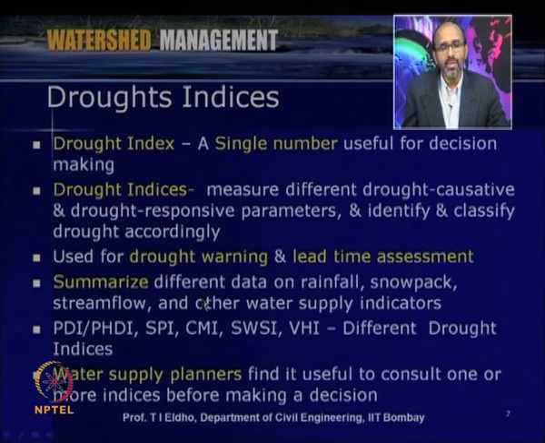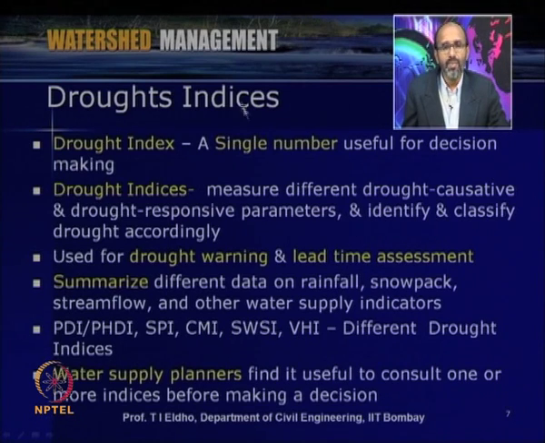Some of the commonly used drought indices include the Palmer drought index or Palmer hydrological drought index, then the standardized precipitation index, then CMI, SWSI, VHI, like that, related to surface water, or vegetation, or crop.